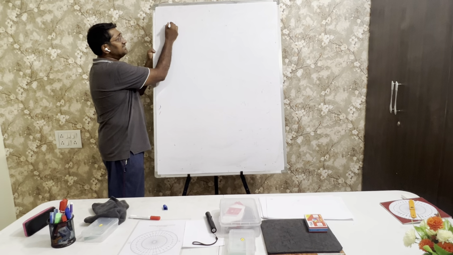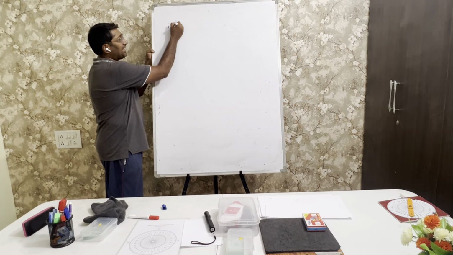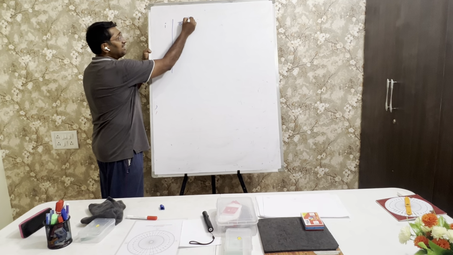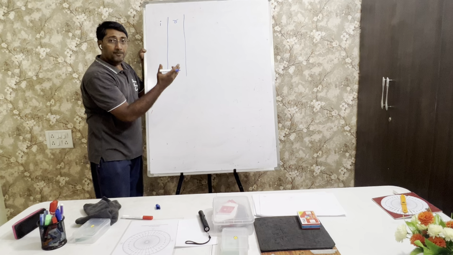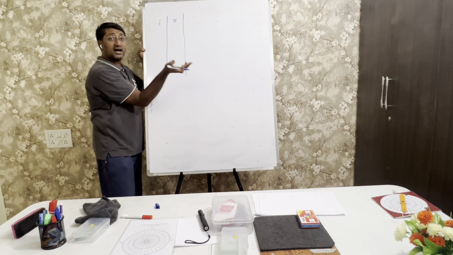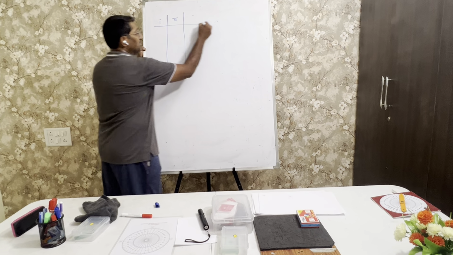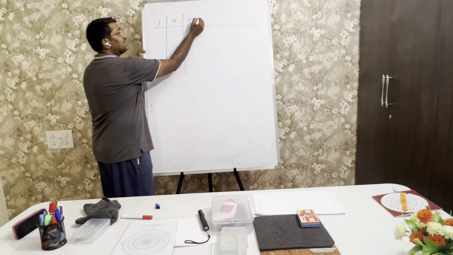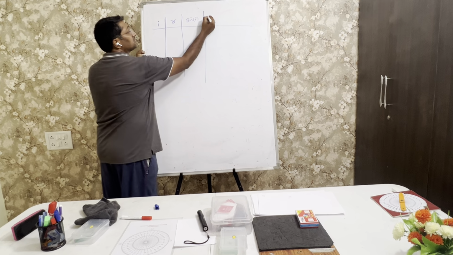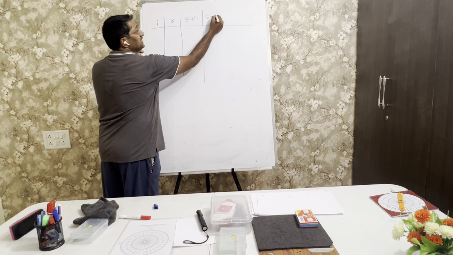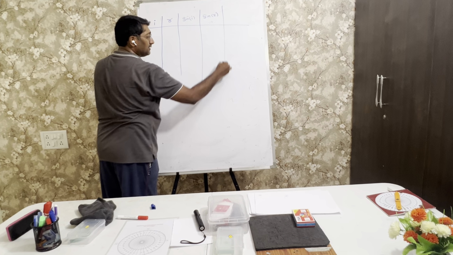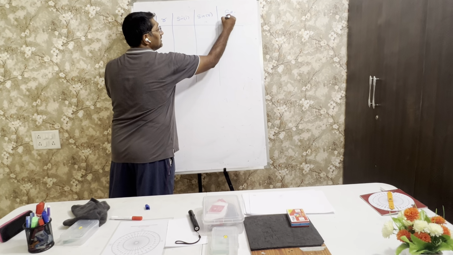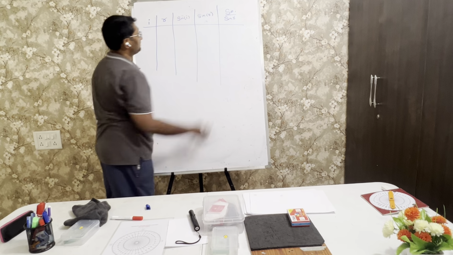First one is incident angle, angle I. Second column is refracted angle, that means after bending, what is the angle on the other side of the interface. The third column is sine of incident angle. Fourth column is sine of refracted angle. And the last column is sine I by sine R.